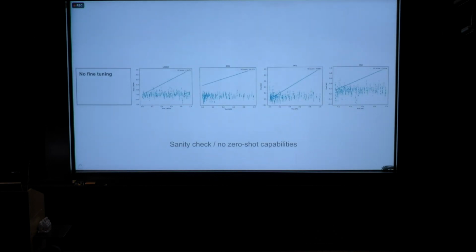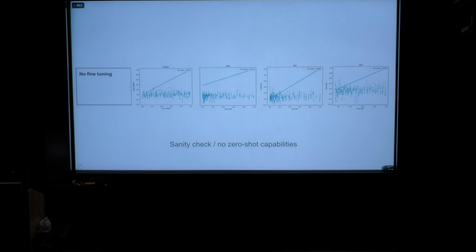So just to show a sanity check, or just to show that there are no zero-shot capabilities with a pre-trained model for our particular prediction task, these are the true and predicted warm dark matter mass, AGN, and the two supernova feedback parameters.